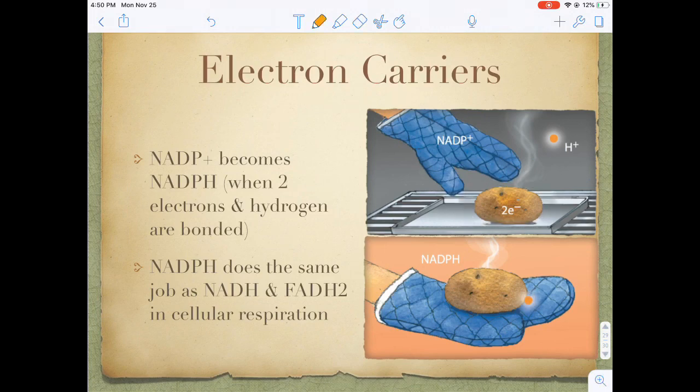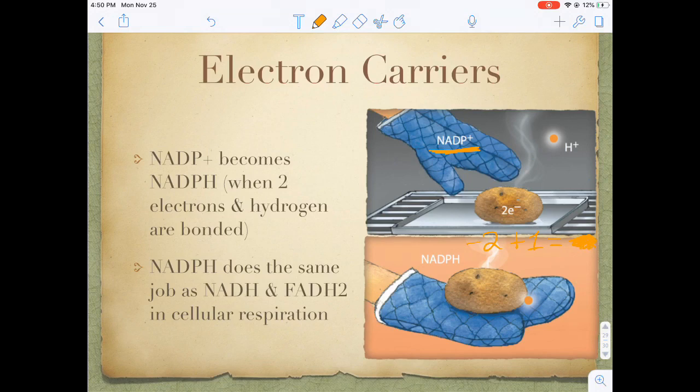Keep in mind, we've got a charge of -2, and then we have a charge of +1. But keep in mind the NADP+ overall had a charge of +1. So, oh my gosh, I can't even do math right.